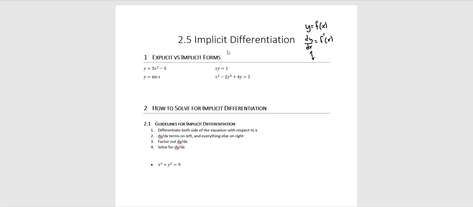Okay, so what is implicit differentiation? We know the big word. Let's talk about explicit versus implicit forms. Explicit equations are when it tells us exactly what the formula is for y, and if you pop x in, y is going to pop out. Implicit forms is y not necessarily solved for.